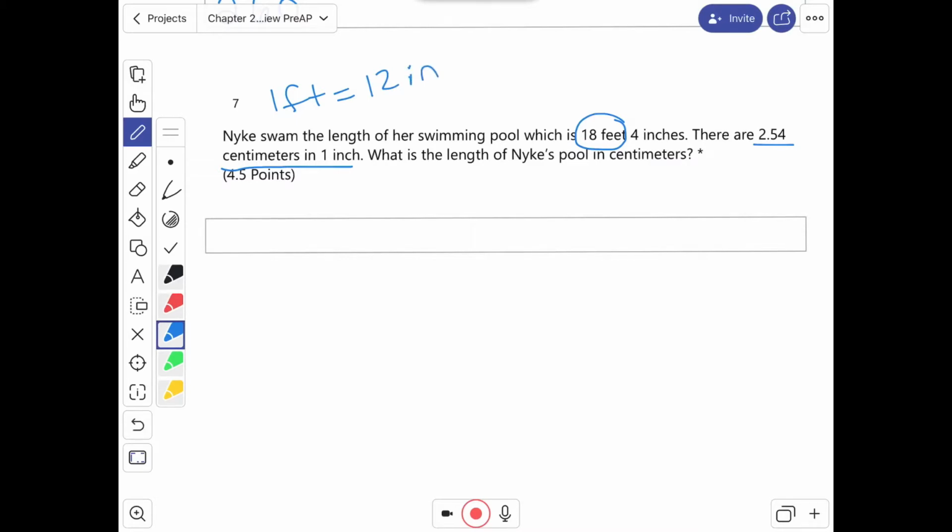And if you have a mathematics chart from the 7th grade STAR test, this would be a good place to use it because it would show you on there that 1 foot is equal to 12 inches. So to figure out 18 feet, I would need to multiply by 12.